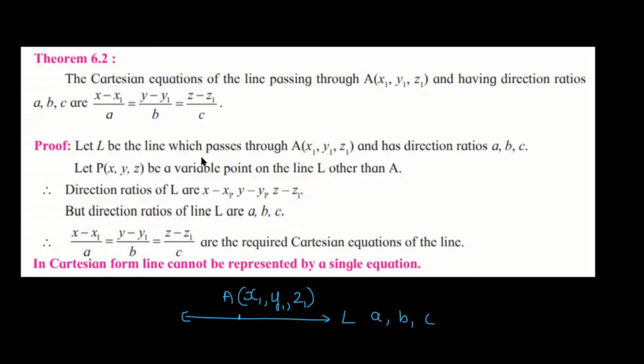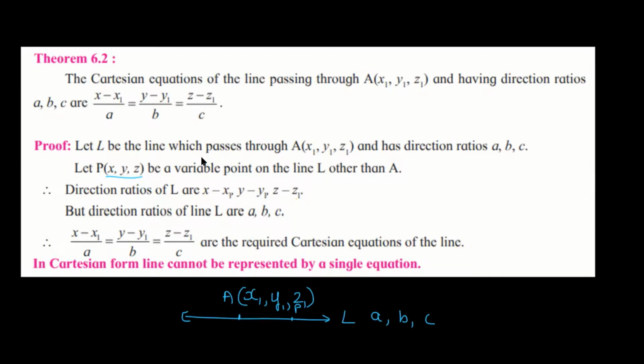Now suppose P is another point on line L, other than A, and x, y, z are the coordinates of P. So in that case, we can write the direction ratios of line L. We know two points on line L; the coordinates of both points are known.